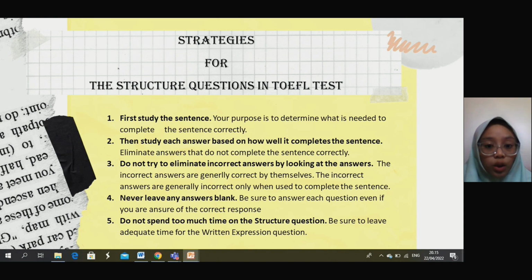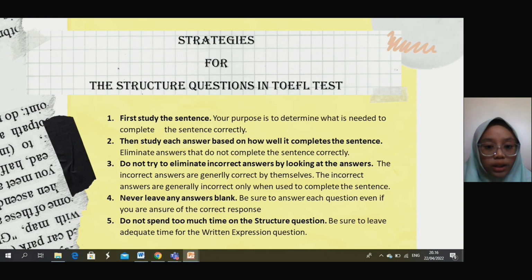The incorrect answers are generally correct by themselves. The incorrect answers are generally incorrect only when used to complete the sentence. So, you have to read it first, then match the answer into whether it is correct or incorrect.